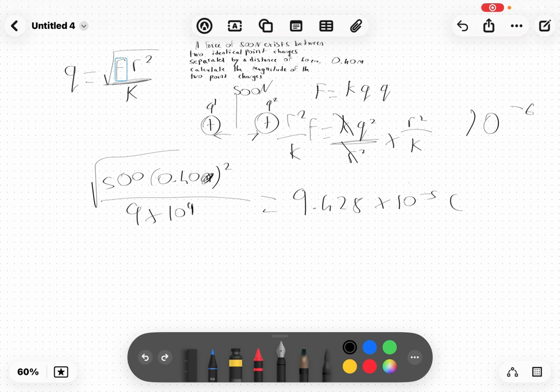To add something, you have to divide it, because to get rid of the micro, people will times it. So right now we will divide it by 10 to the power minus 6. Hopefully it makes sense. And that will equal 9428 microcoulombs.